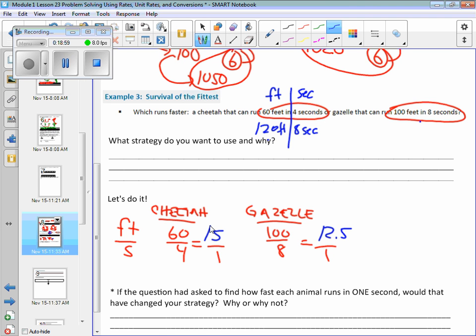Just say it. So in this case, an equivalency ratio table is a better strategy. The whole point of this lesson is trying to figure out what strategy works best. Not necessarily the strategy that works best for you, although that's fine too. But there are some strategies that make more sense to use for certain problems.